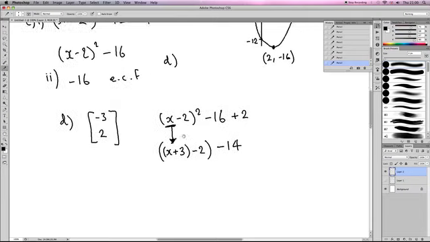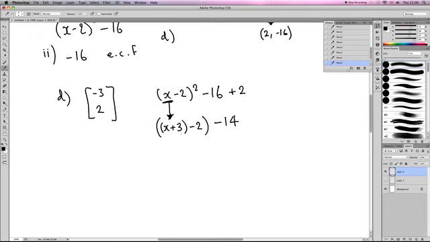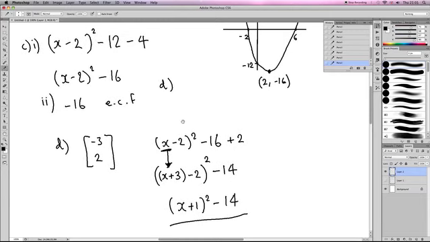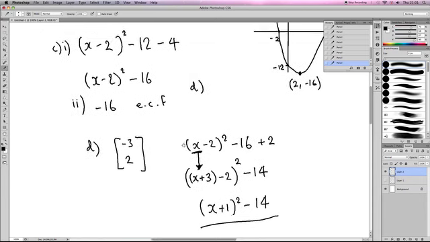Yeah. So now if I get rid of the brackets, I've got +3 -2. So now it's going to be, oh sorry, there's a square there. So it's going to be (x + 1) squared - 14. And there's your new thingamajig. What's it called? Yeah, can't remember what it's called.